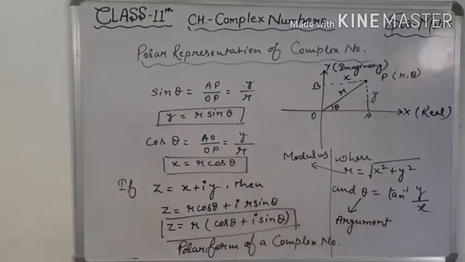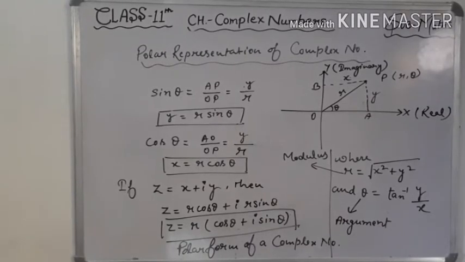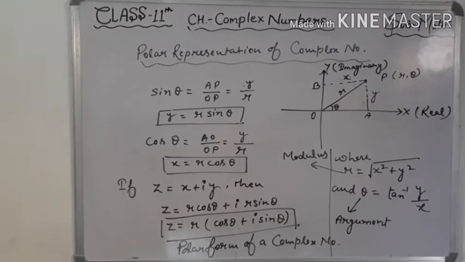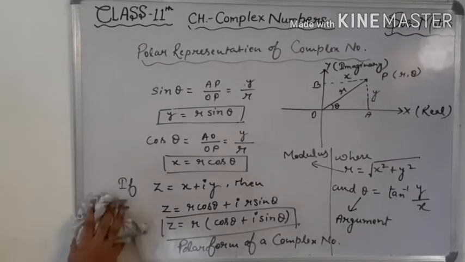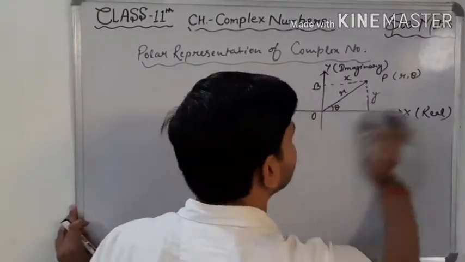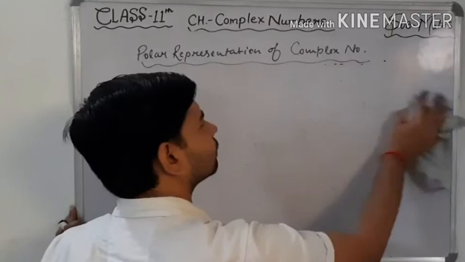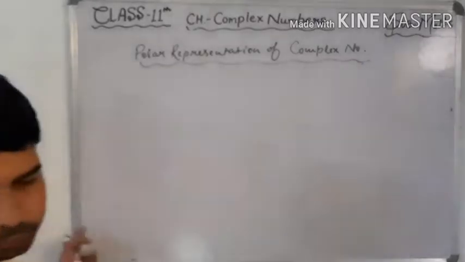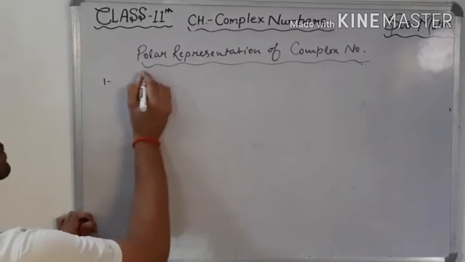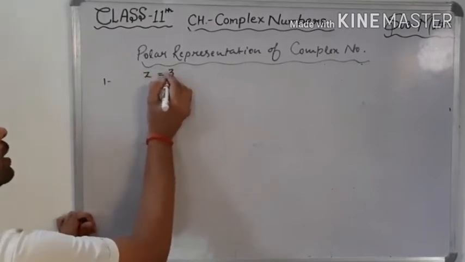Now see the questions of polar form. We are given that z is equal to 3.